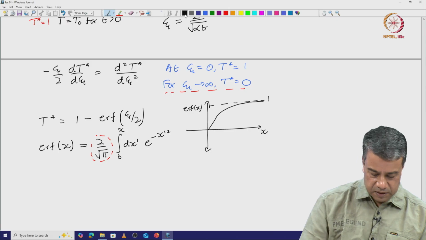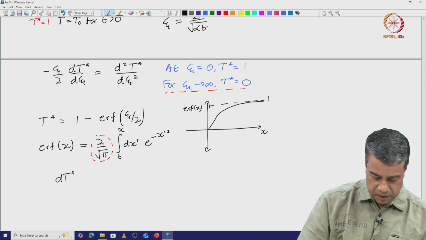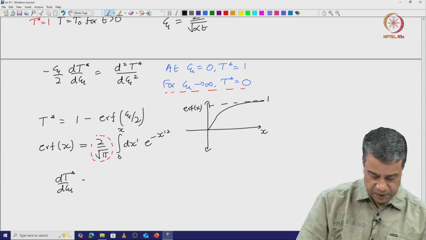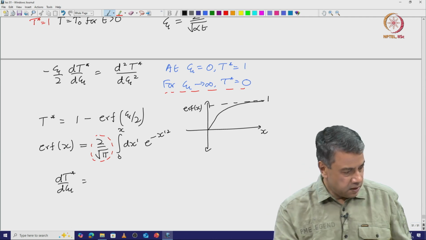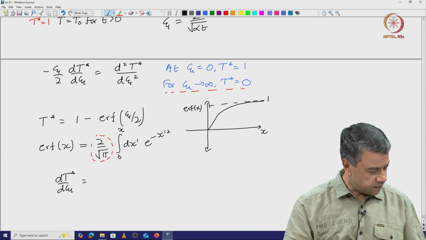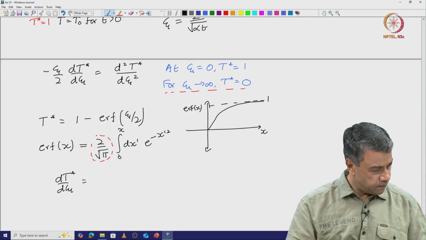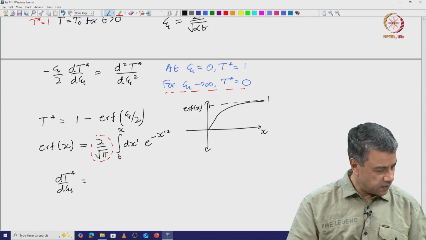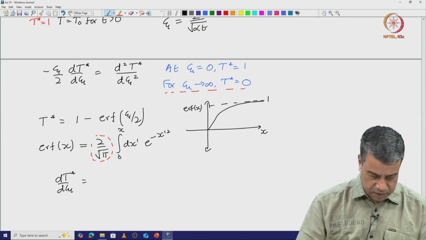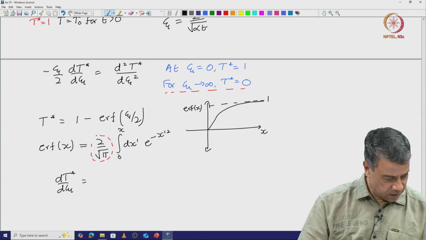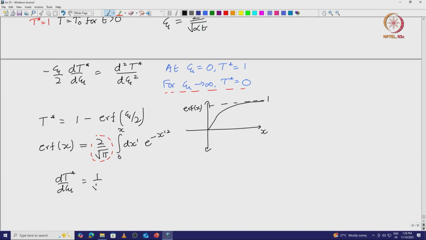We also had a solution for dT star by d psi, which I think was equal to C1 is equal to 1 by root pi e power minus psi square by 4.